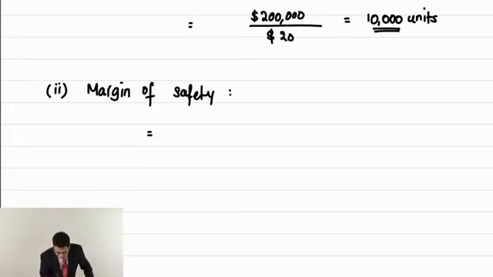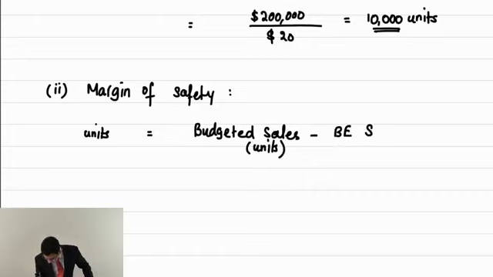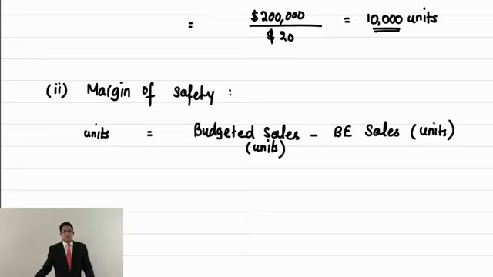Margin of safety in units. If it is in units, then it is budgeted sales in units minus break even sales in units, and margin of safety is done.